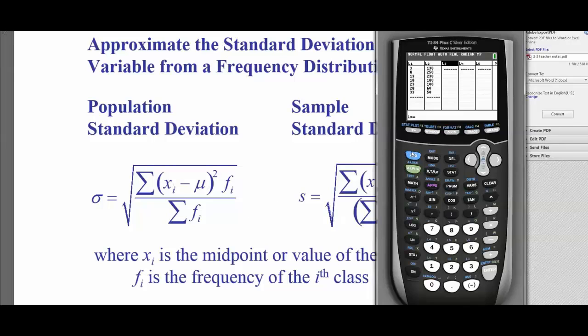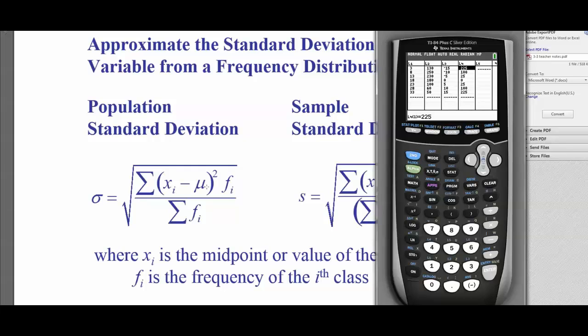So I need L1 minus the mean. The mean we told the calculator was A. So I need that number. And then on top of L4, I need to square that. So I need L3 squared. So we get that set of numbers.